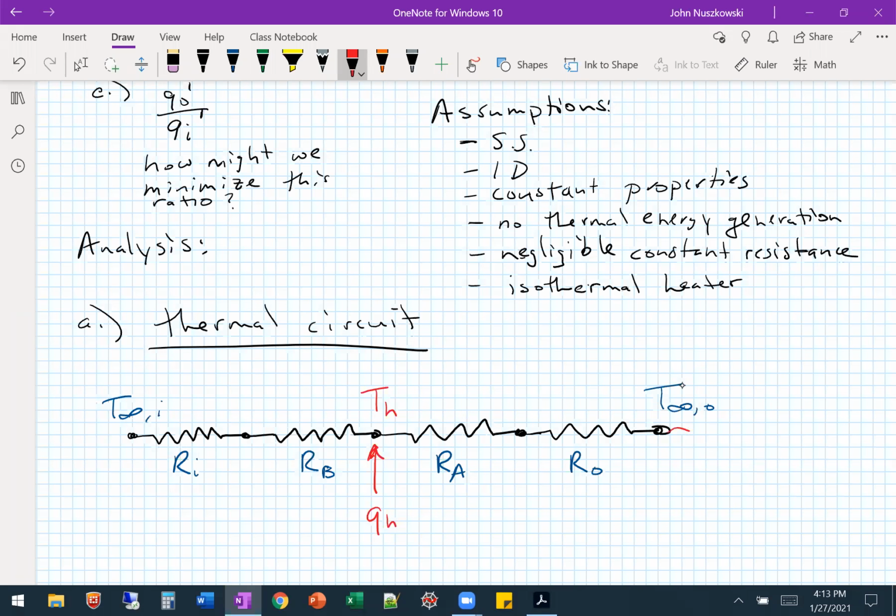And that's what's going. So these all should be per unit length, because we don't have any lengths given to us on this. And so some of the heat goes to the inside fluid, and some of the heat goes to the outside fluid, and it's all coming from the heater. Okay.